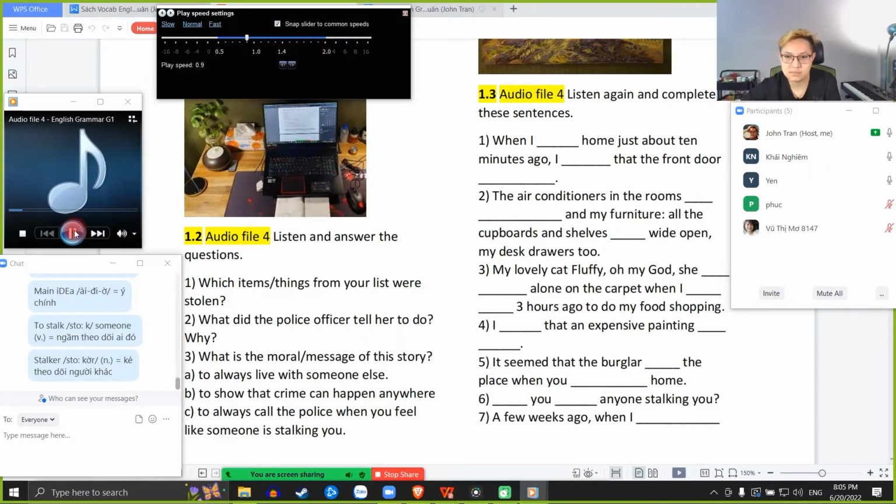Oh my god, she was sleeping alone on the carpet when I went out 3 hours ago to do my food shopping. I love her very, very much. Please find her. Don't worry, miss. We will try our best to find her. I've dispatched a team to your location now. We need to make sure you are safe and the burglar isn't there anymore. They will be there in 5 minutes. Please go out and lock the front door right now. Was anything else stolen?